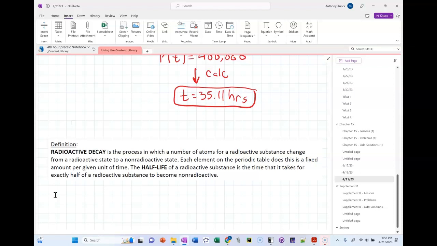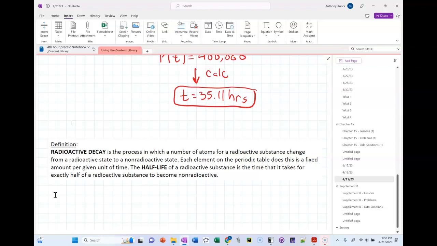The process of going from an unstable isotopic configuration, ejecting some radiation and turning into a new element that has a different number of protons and neutrons that is more stable, is called radioactive decay. We measure radioactive decay by the amount of time it takes for half of a sample of an isotope to change into that more stable other element.